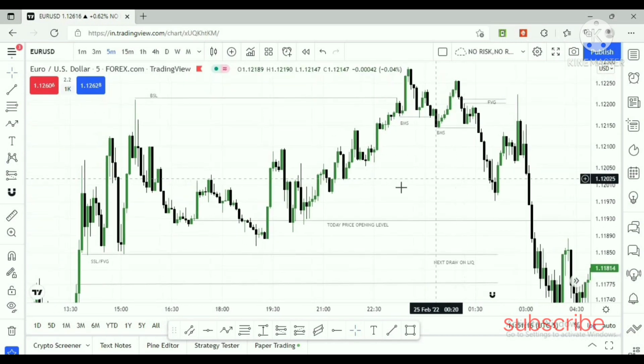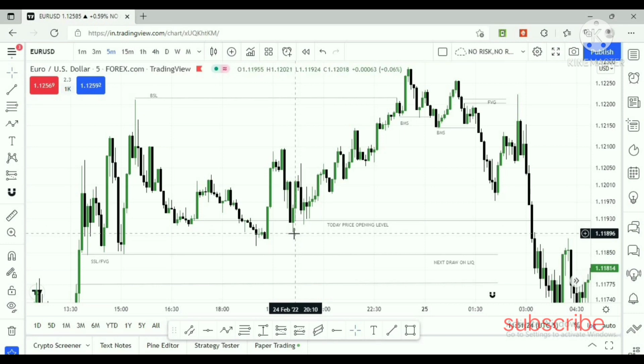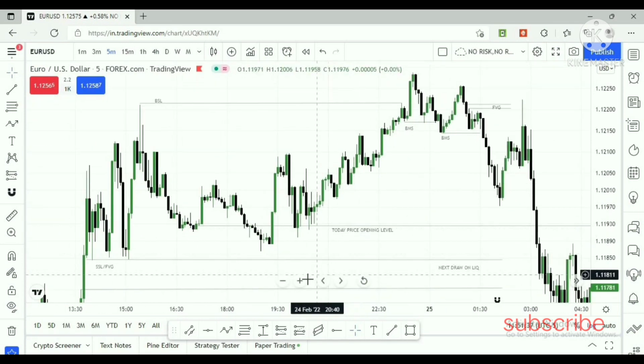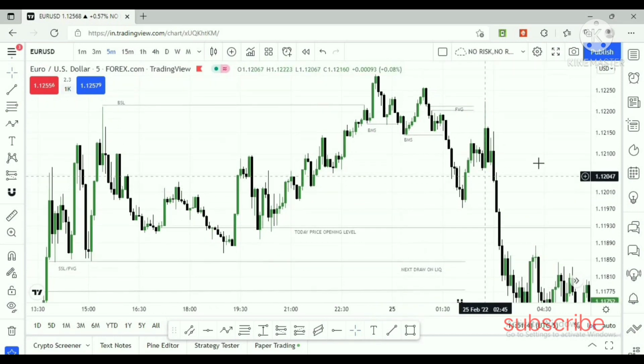They don't follow any other retailers' concepts. See guys, they are using clear price action, they are using clear liquidity. They follow only liquidity strategy. Where is the next liquidity?